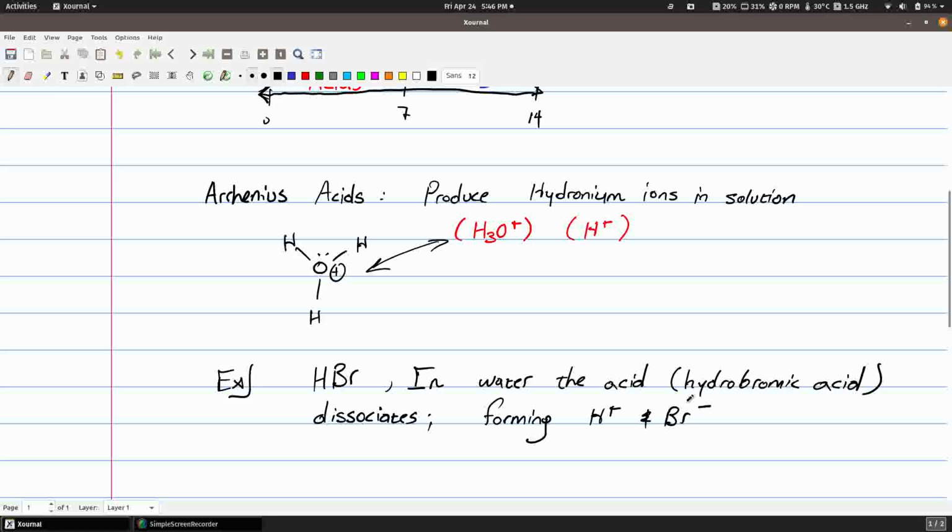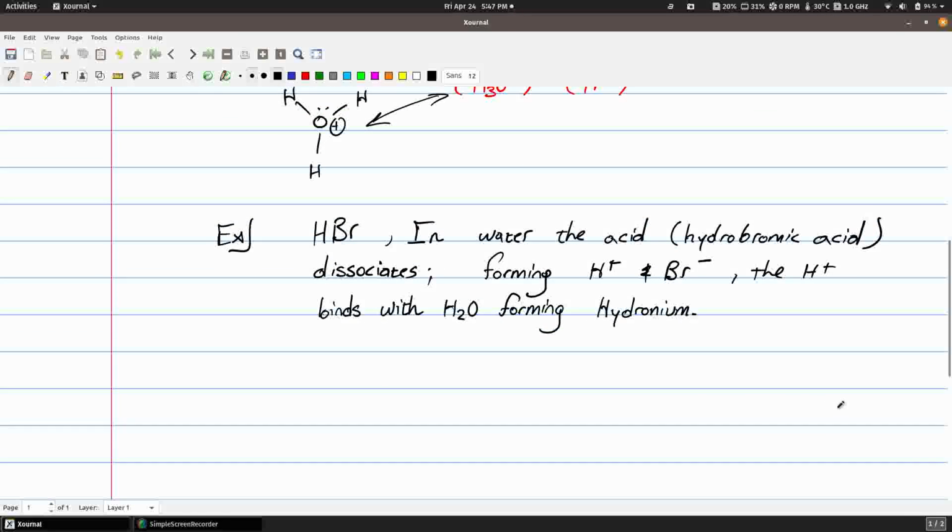The H plus binds with the water, forming hydronium. So the overall chemical reaction would be HBr, H plus plus Br negative.